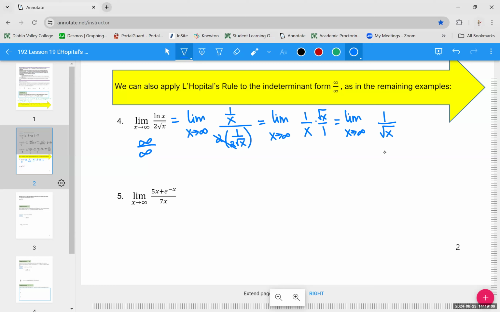So it is really important when you're applying L'Hopital's rule to make sure that you simplify the expression that you're dealing with before you try direct substitution. It's really important in any limit that you do that. So now if x is going to infinity, the bottom is going to infinity, and 1 over infinity will go to 0.